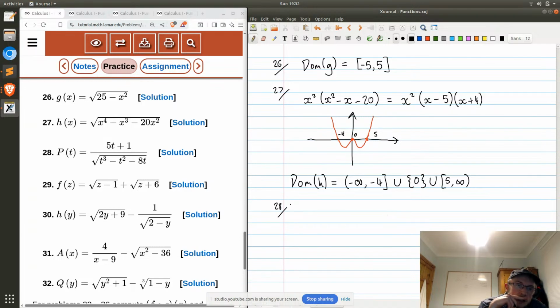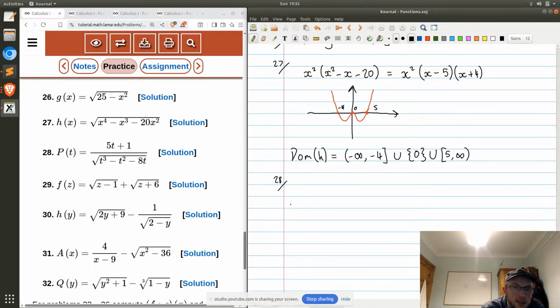Now for problem 28, again, we focus only on the denominator. And we want to make sure that that's not 0 and not negative. Strictly positive, as they say. So how to do that?